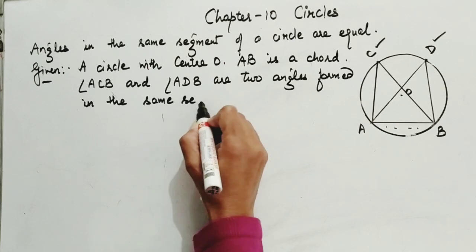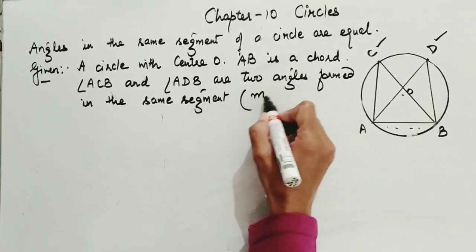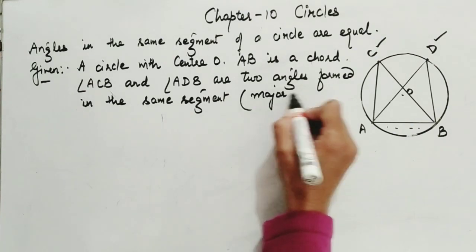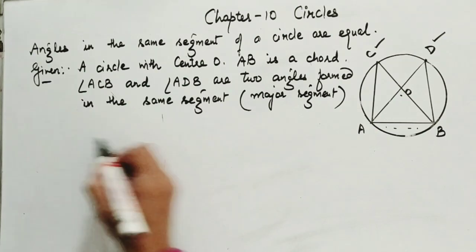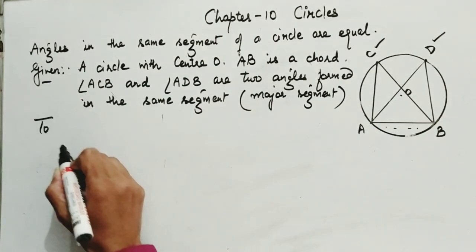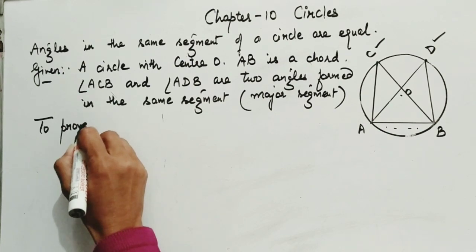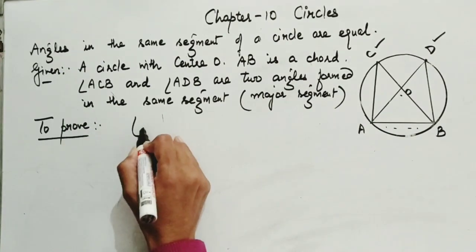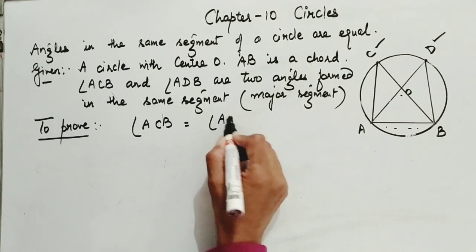Same segment. Which segment is it? It's the major segment. We are asked to prove that these angles are equal. To prove: angle ACB is equal to angle ADB.